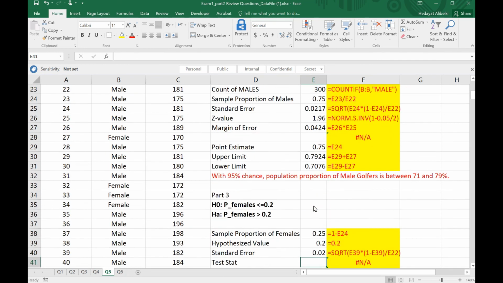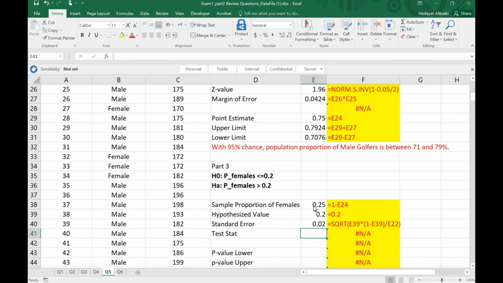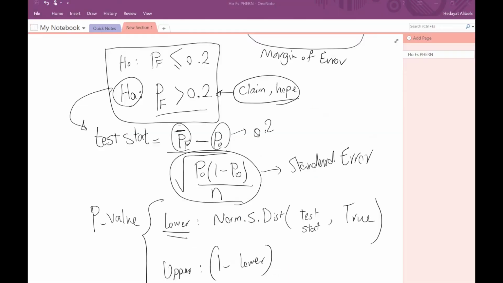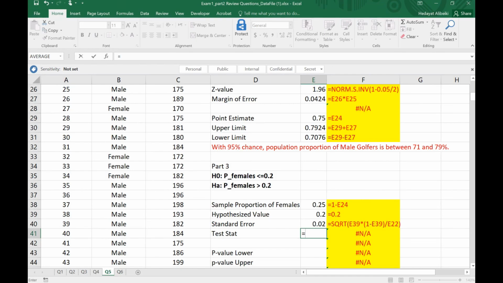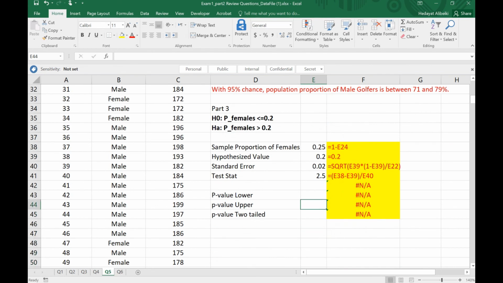So the test statistic now. If you look at the formula, the test statistic is the sample proportion minus the hypothesized value divided by the standard error. So it would be parentheses, sample proportion minus hypothesized value, divided by the standard error. So this is going to give us 2.5. Now we just need to find the p-value lower, upper, and two-tailed.